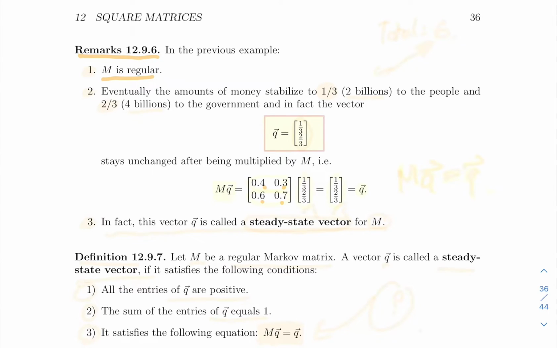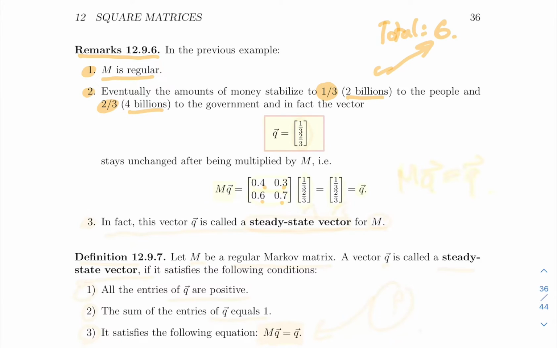The next thing to notice is that after letting the problem go for a while, the amount of money stabilizes to 2 billion and 4 billion. And like I mentioned earlier, the total amount was 6 billion. So 2 over 6, that's 1/3 of the total amount of money, goes to the people, and 4 over 6, that's 2/3 of the money, goes to the government.